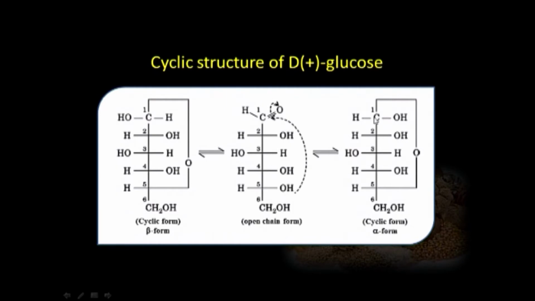These isomers are known as anomers. In the D series of sugars, if this hydroxyl is on the right side, we call it the alpha anomer, as shown here written as alpha form, or if the hydroxyl comes on the left side, we call it the beta anomer or beta form.